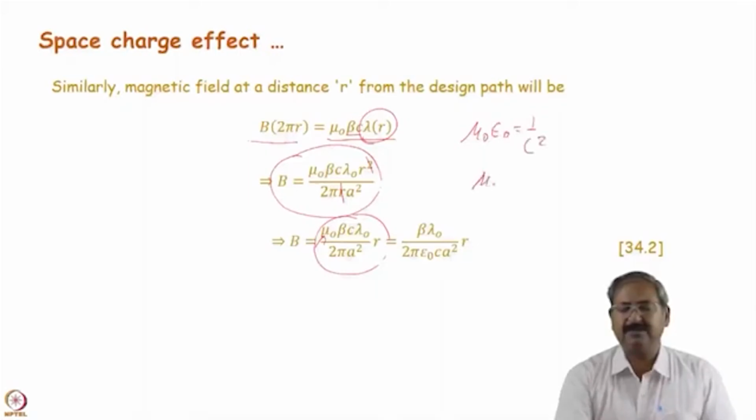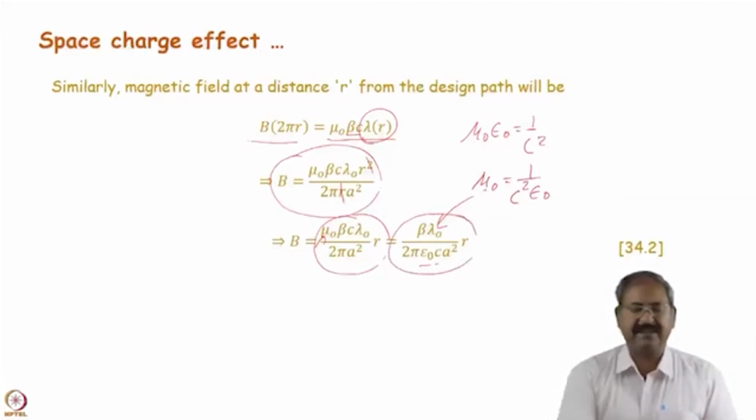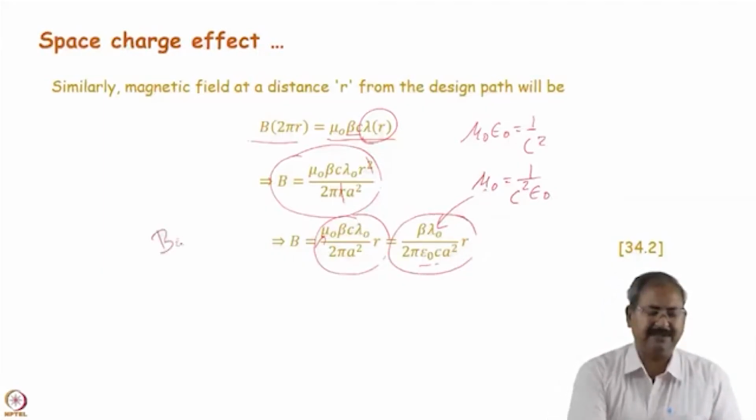So mu naught will be 1 by c squared epsilon naught, and this value has been inserted here. So we get epsilon naught c, one c cancels out because one c is in the numerator. So you get this expression for the B phi. Again, you can see that B phi is also proportional to r.